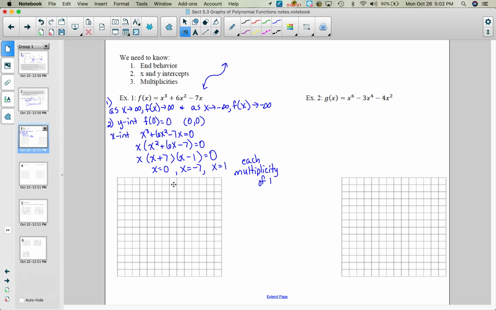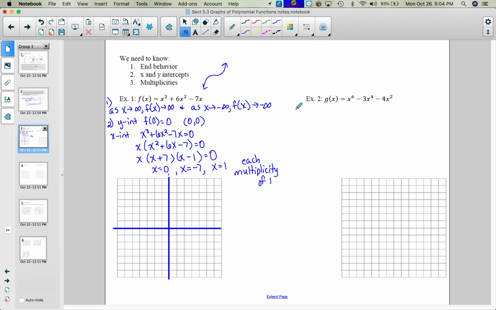So then we're asked to graph. We're going to start by plotting our zeros. So 0 is one of them. Negative 7 is one of them. I'm counting by ones on the x-axis anyway.